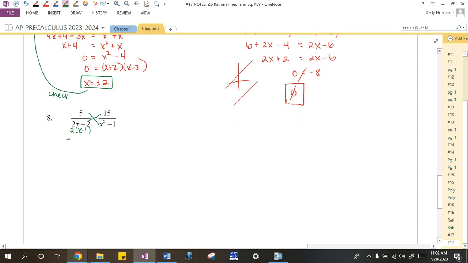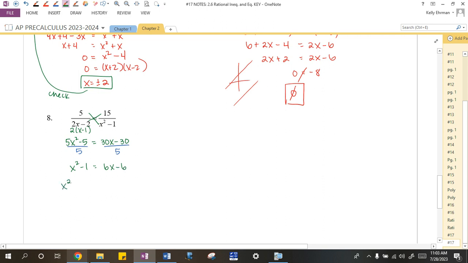So I would just say 5x squared minus 5 equals, I'm just going to keep this as 2x minus 2, equals 30x minus 30. It's quadratic, right? So, oh, I could divide by 5. How about we do that? So we'll simplify in that respect. We can divide both sides of an equation by 5. So that makes it x squared minus 1 equals 6x minus 6.